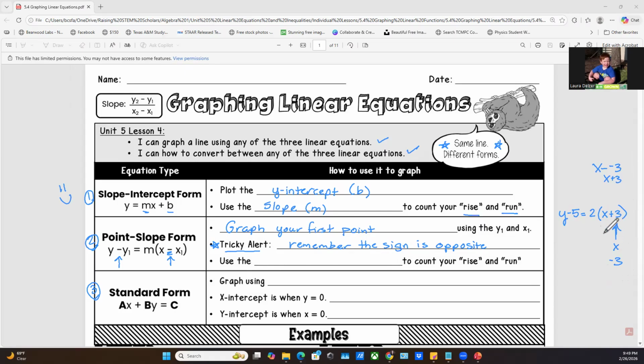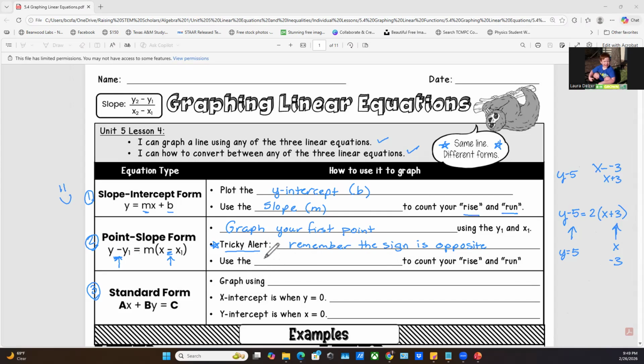And for the same reason, with this minus 5, my y value is actually a positive 5. You just have to remember to flip your sign. So that is your one tricky alert.